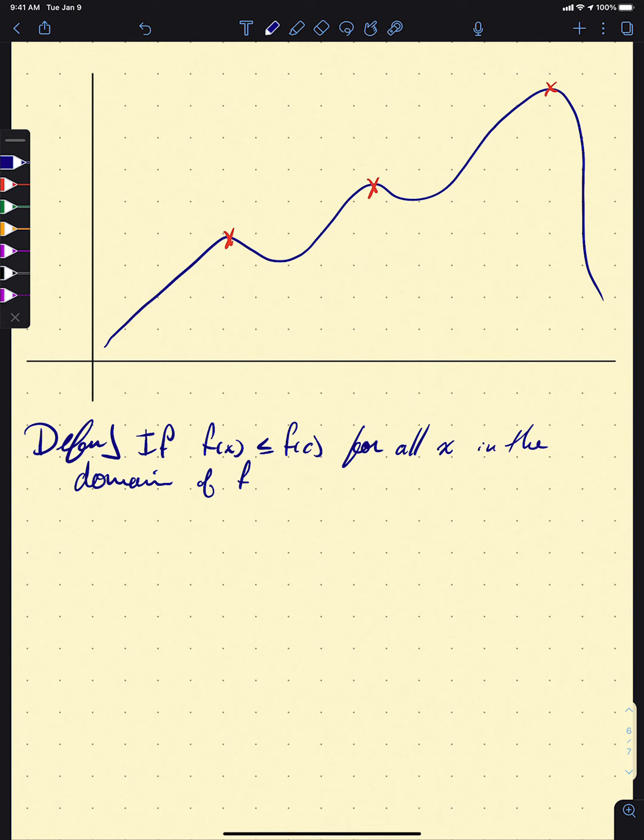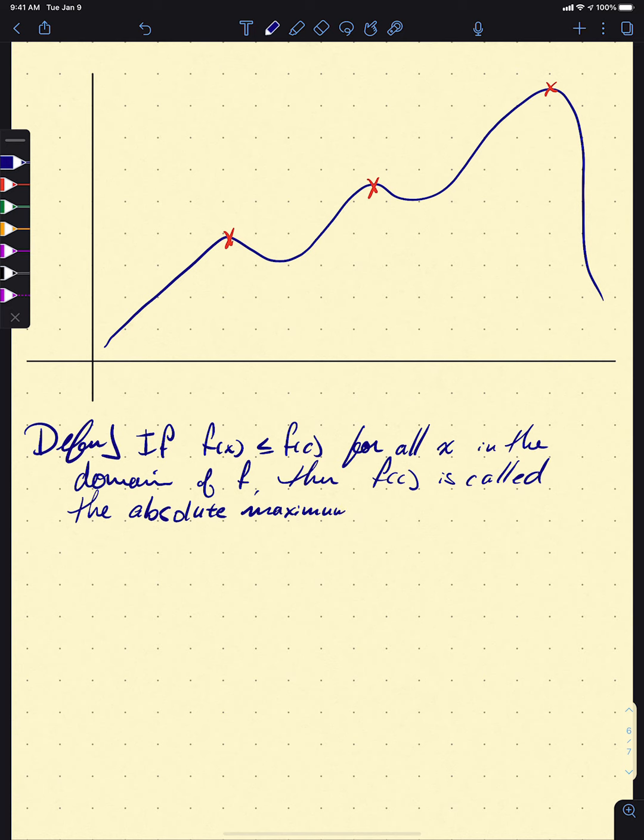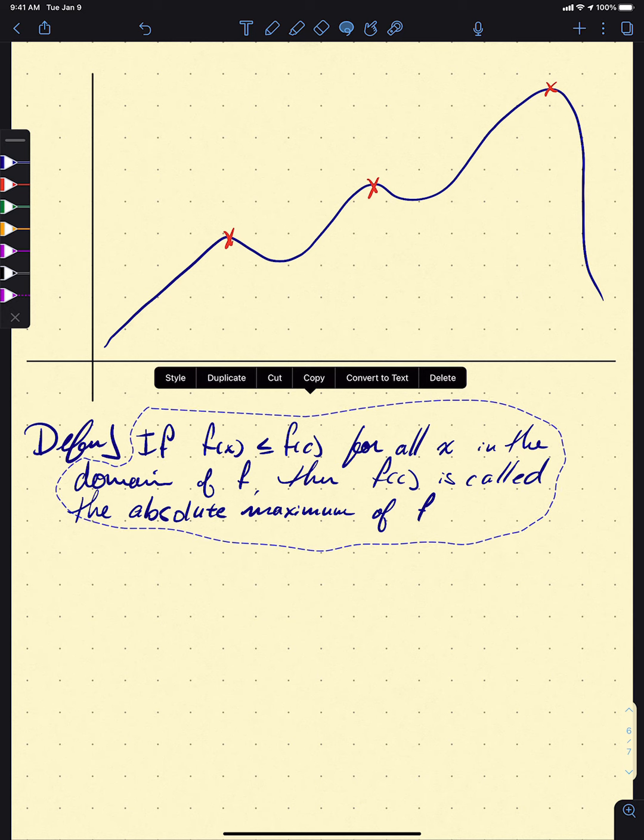So if any value of x gives something less than or equal to some value f of c, well then f of c is called the absolute maximum of our function f. This directly contrasts with local maximum as we had defined it before.